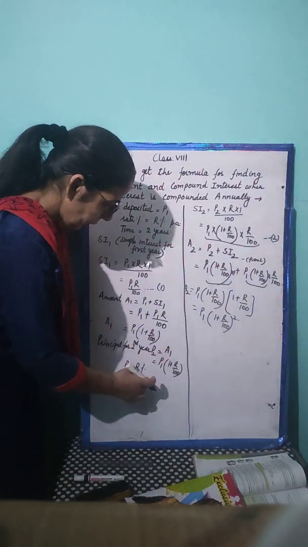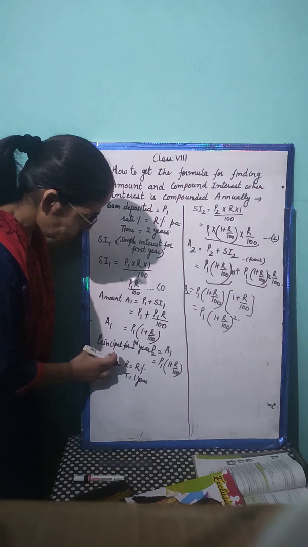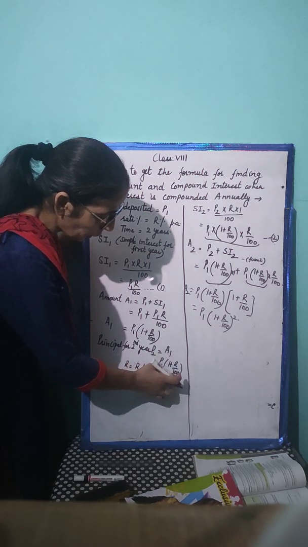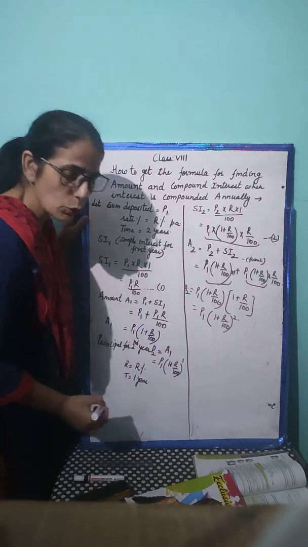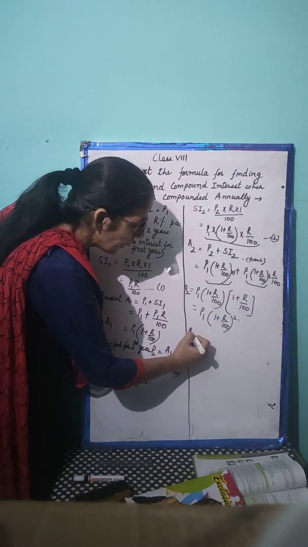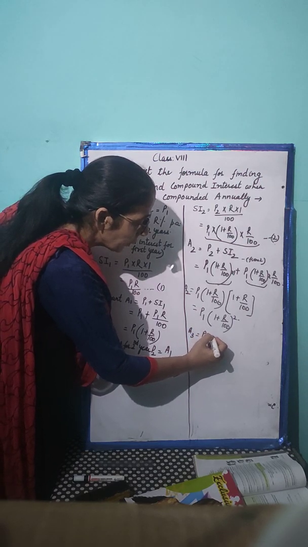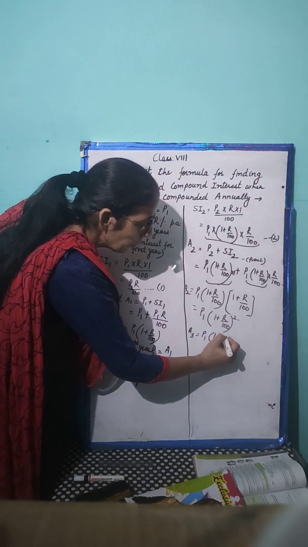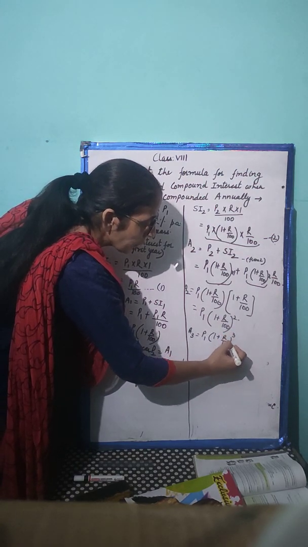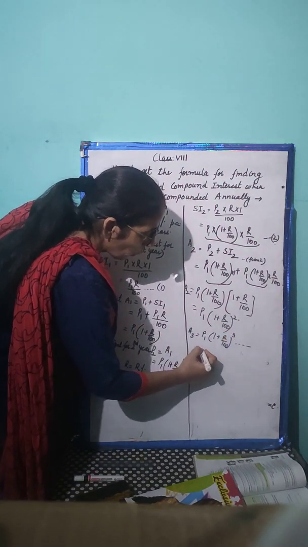Similarly, the amount after the first year was P1 into 1 plus R by 100 raised to power 1. A3 will be P1 into 1 plus R by 100 raised to power 3, and so on.